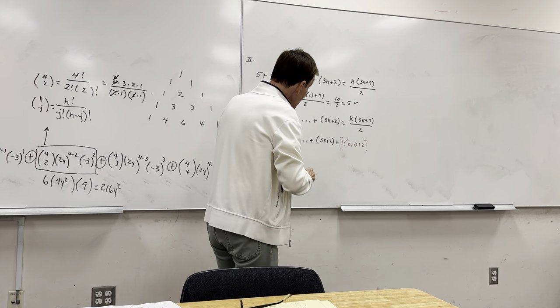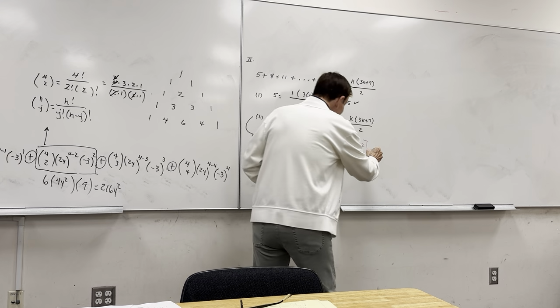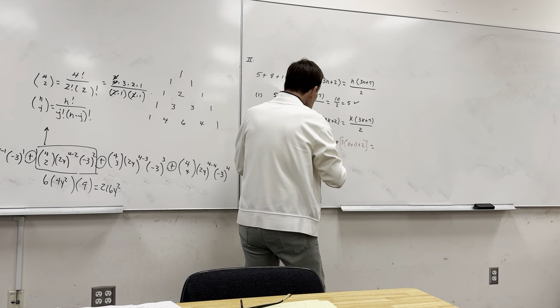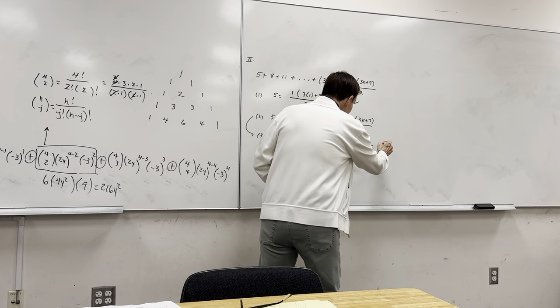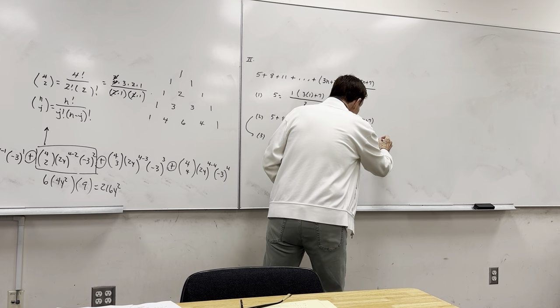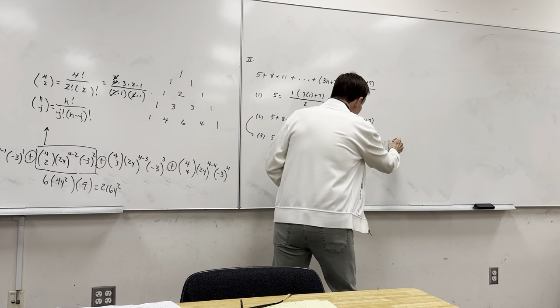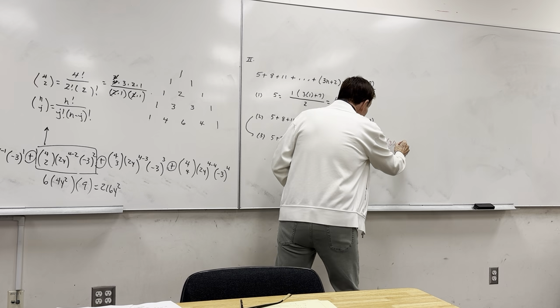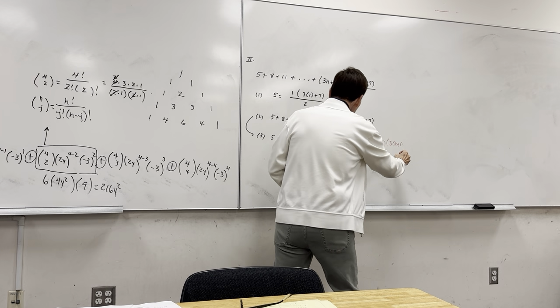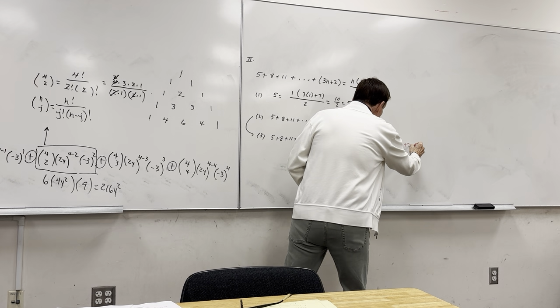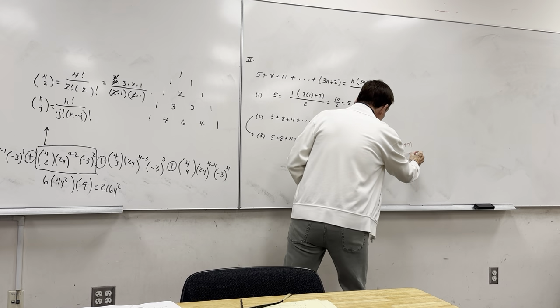And that's the left-hand side. Right-hand side at k plus 1 looks like this, all those n being replaced by k plus 1, all over 2.